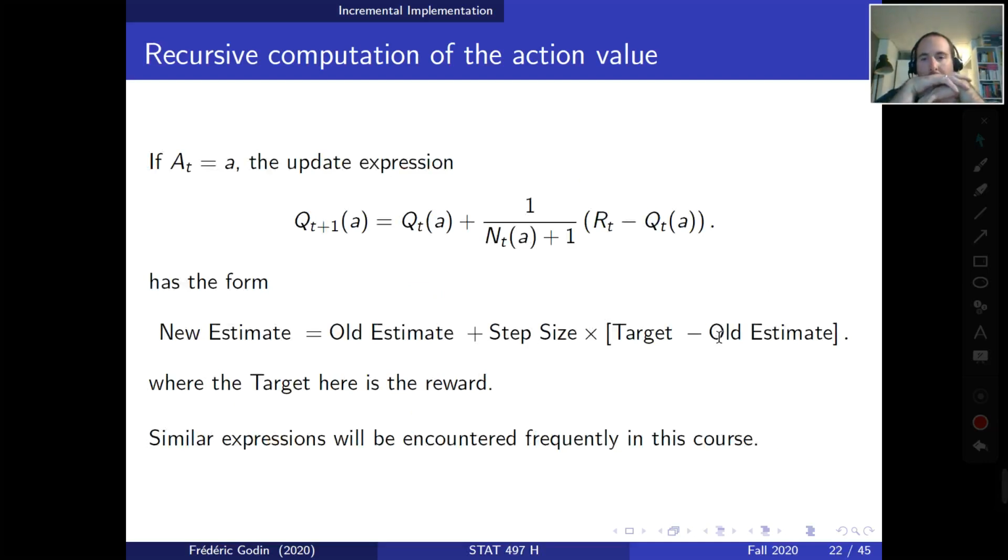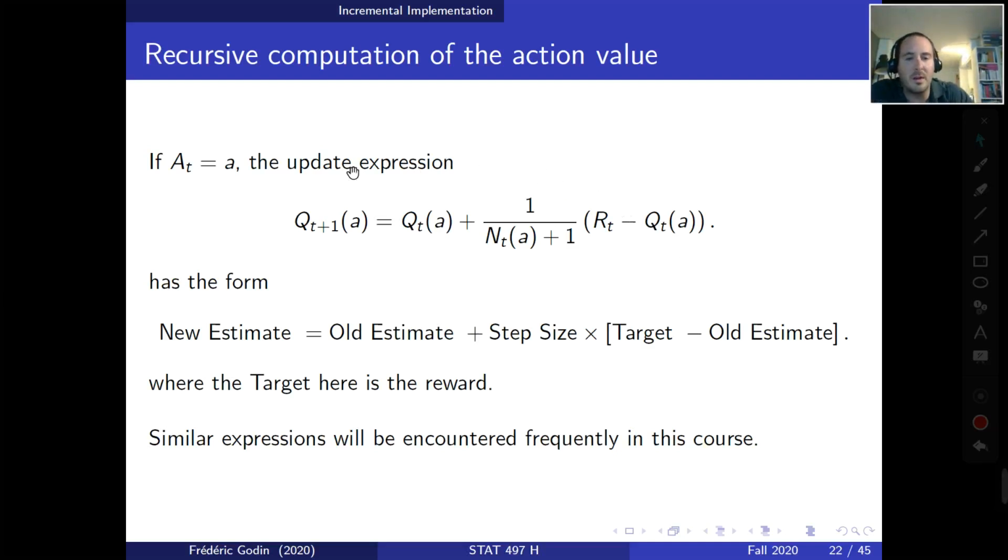So whenever we take action a, we can just recall the previous formula. The previous formula has the following form. When we take action a at play t, your action a estimate of the expected reward becomes your previous estimate from the previous step plus some quantity, which we will call the step size, times the difference between your reward and your estimate of the expected reward.